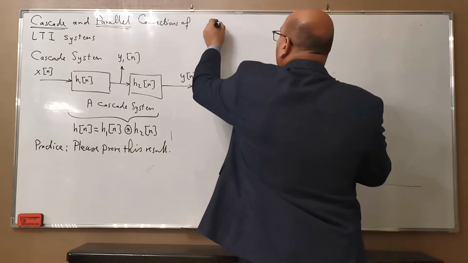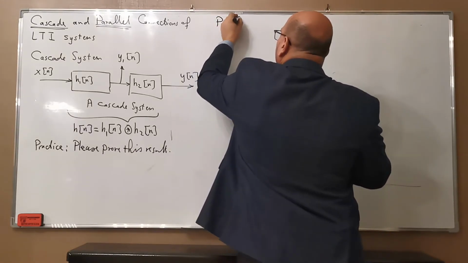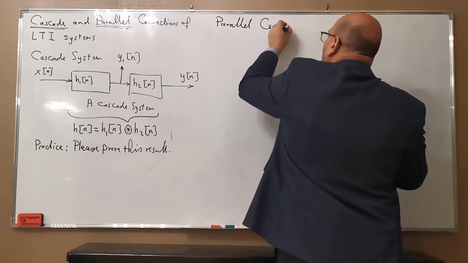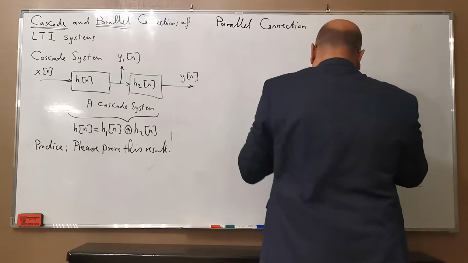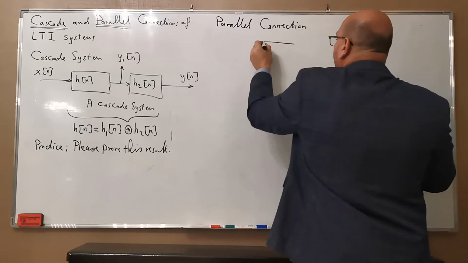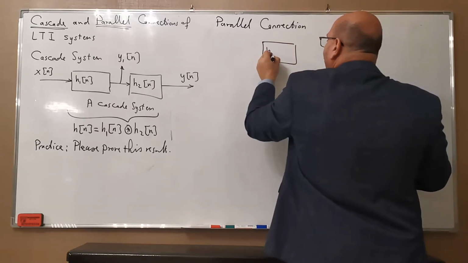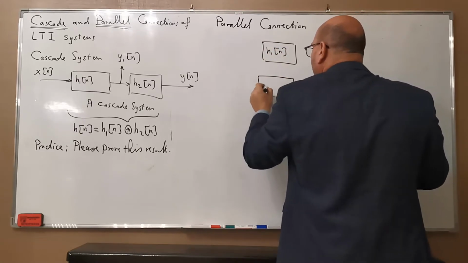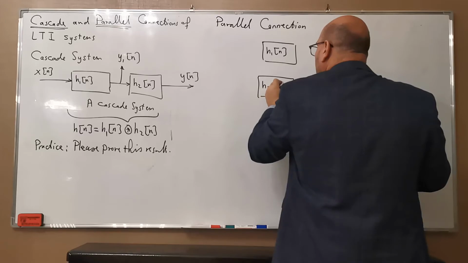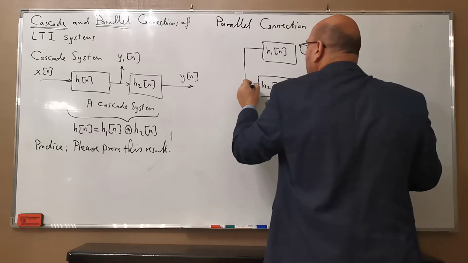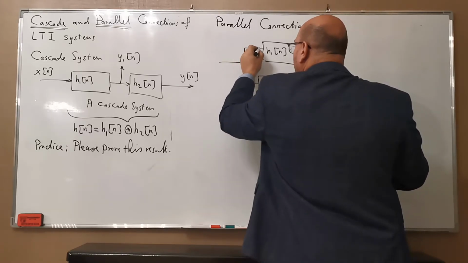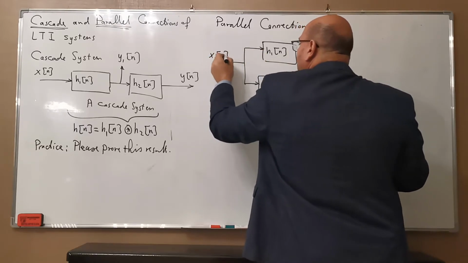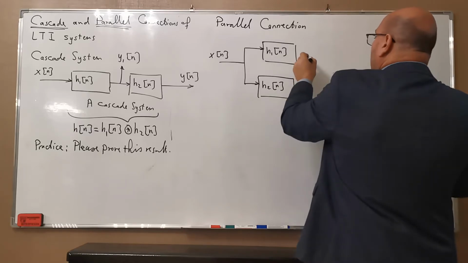Now the parallel connection. Here the systems are in parallel. You have h1 of n, and you have another system parallel to it, h2 of n. Both have exactly the same input, x of n going inside.